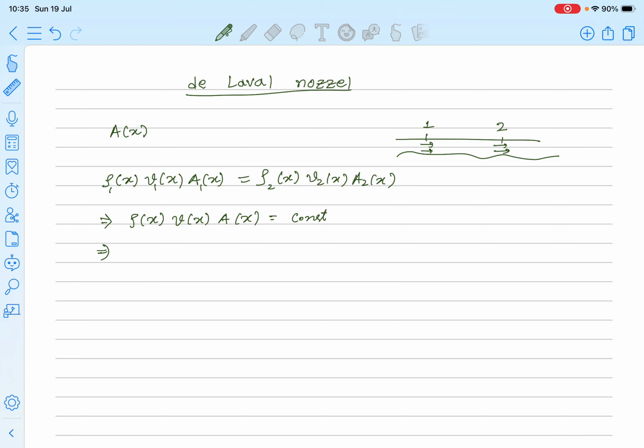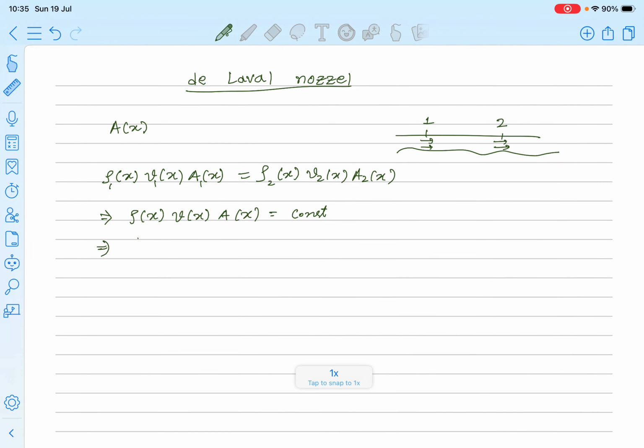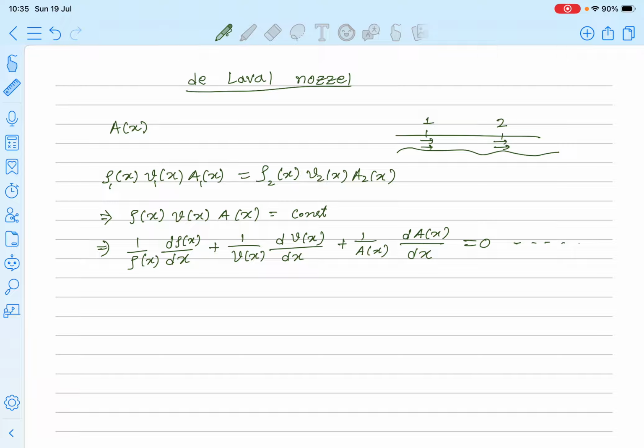Now we can take the derivative with respect to x of this equation. So you get 1 by rho d rho/dx plus 1 by V dV/dx plus 1 by A dA/dx equal to 0. This is from mass conservation through the pipe.